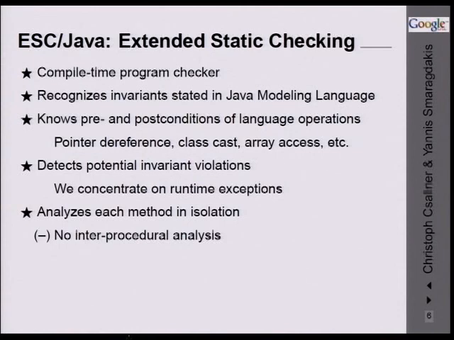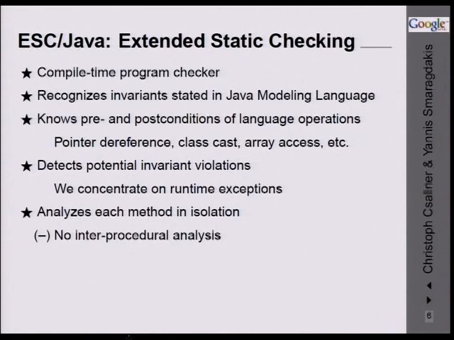Basically, it's a compile time checker. We're using the current version, ESC Java 2, which recognizes pre and post conditions expressed as JML annotations of your source code. JML is the Java Modeling Language, which seems to be the de facto standard these days. It also supports Java up to 1.4, which is also nice.